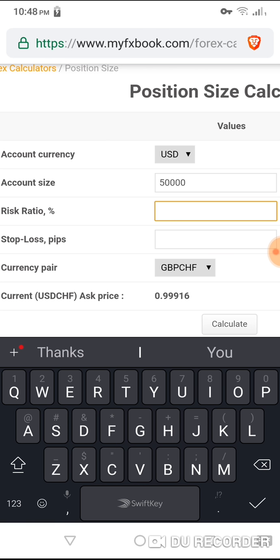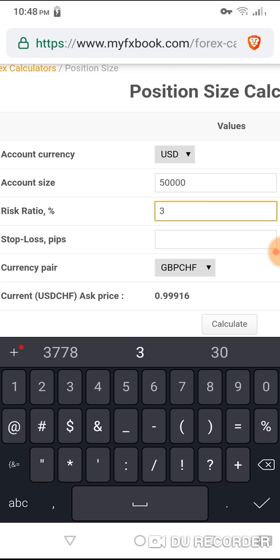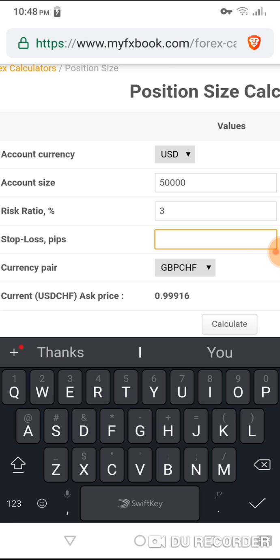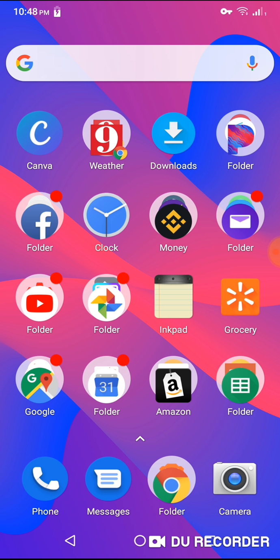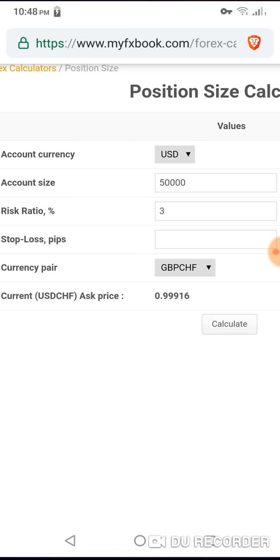The risk ratio, we're going to put that as 3. The pips, we're going to take that from our trade information, and we're running a little slow here.